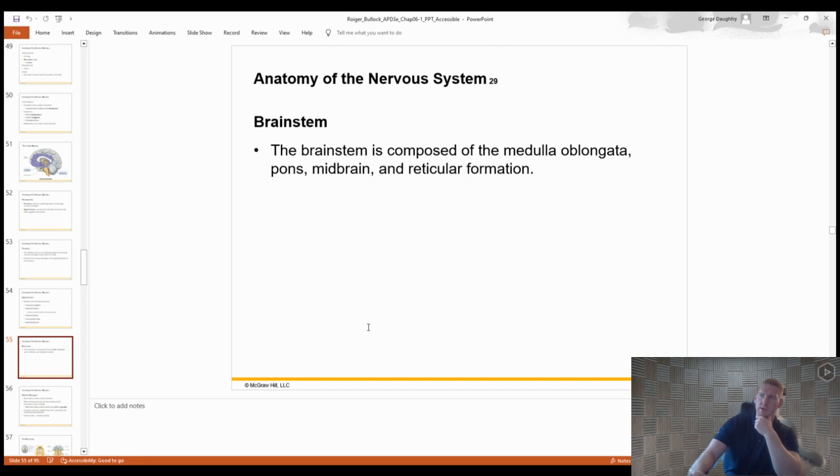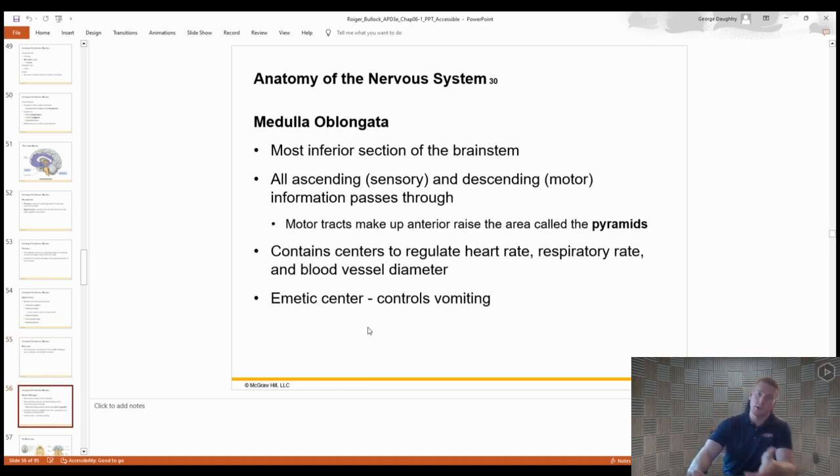All right, now we're down to the brainstem. The brainstem is composed of the medulla oblongata, the pons, the midbrain, and the reticular formation. It's usually called the foramina. But in any case, let's talk about each portion of the brainstem.